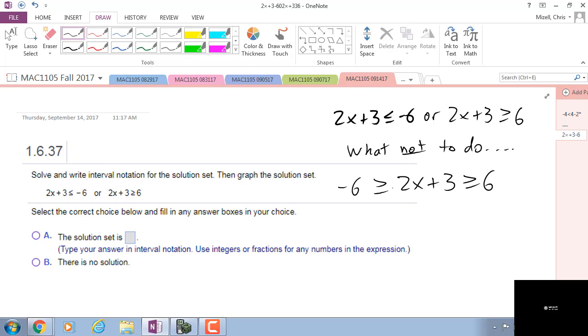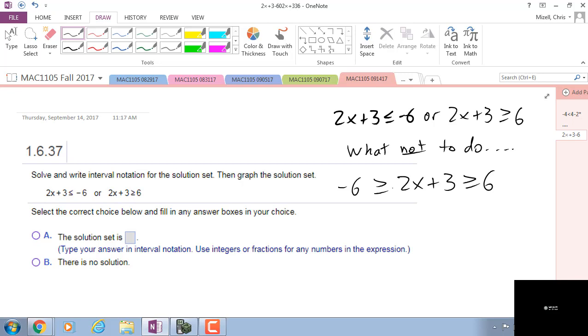So I've seen it done where an attempt is made to solve this as a three-part inequality, where we get by with 25% less work. Instead of having to subtract 3 from both sides here and subtract 3 from both sides here, we just subtract 3 from all three parts. Seems like it should work, except that if we look at this statement and what it means, it's really an AND statement, not an OR statement.